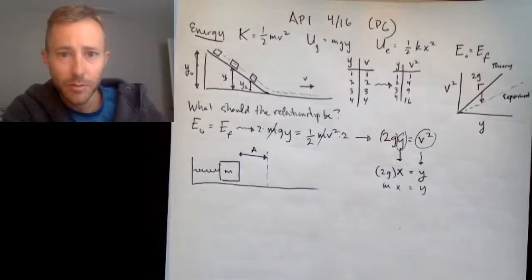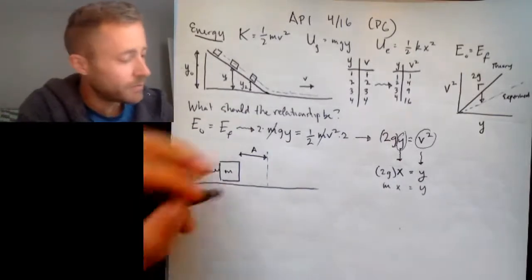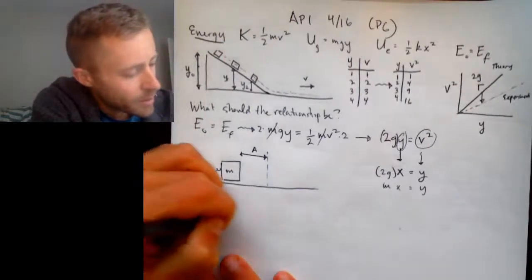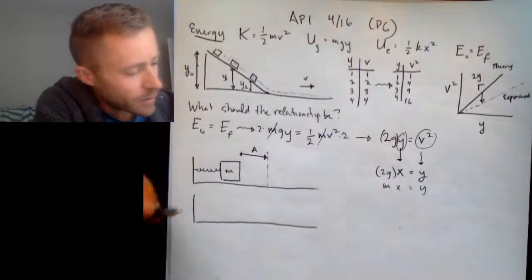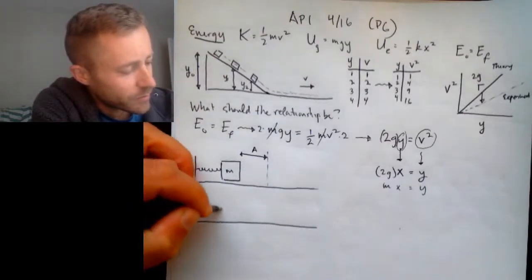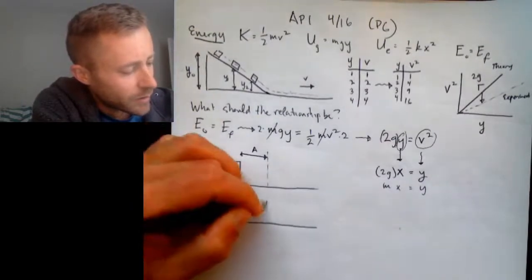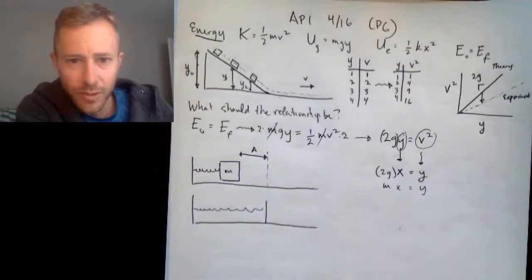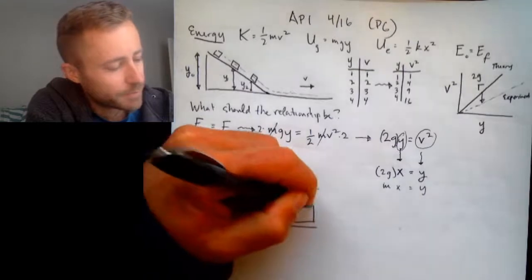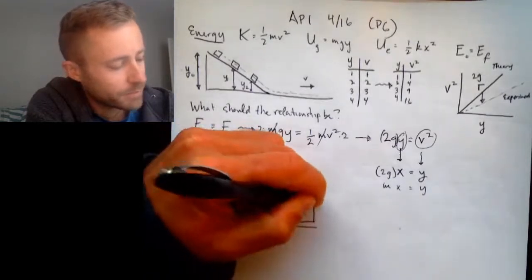And then the mass is released, okay? So the spring decompresses, and in the process, it launches the mass with some speed, which we will call v.